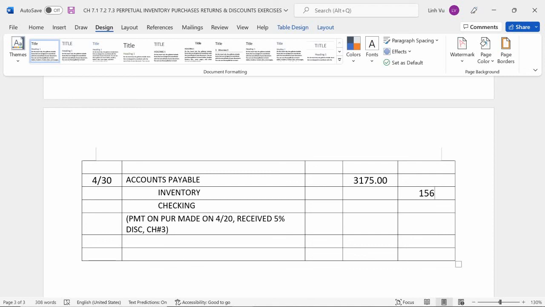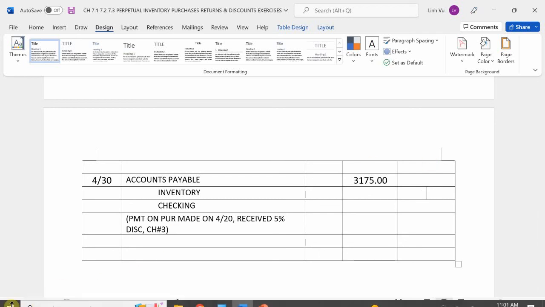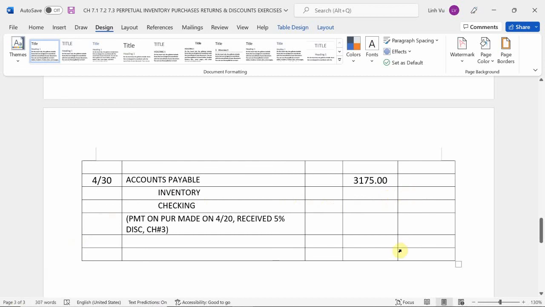Recalculate it. $158.75. You're doing the discount off of 3,175. Remember, $50 is freight. You can't discount freight. And the freight was $50. Correct.